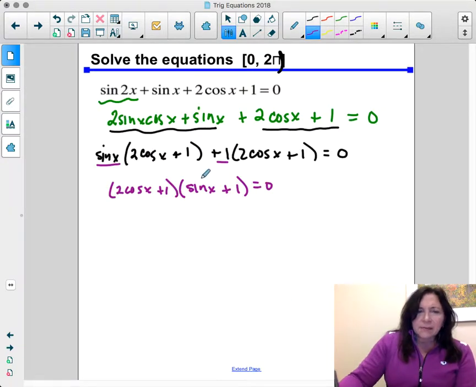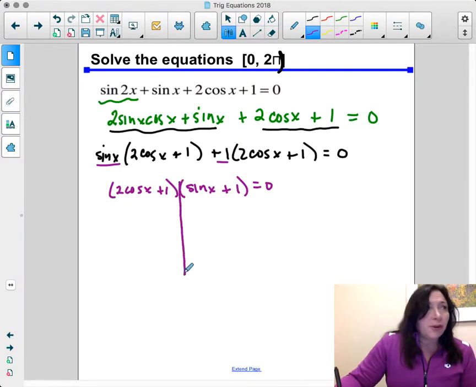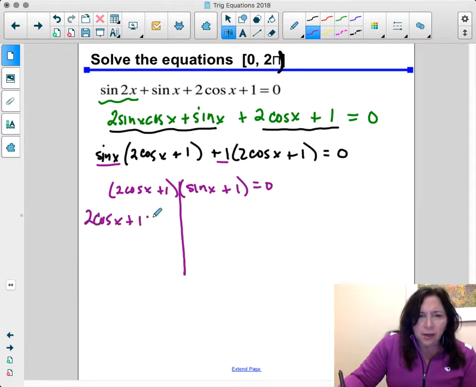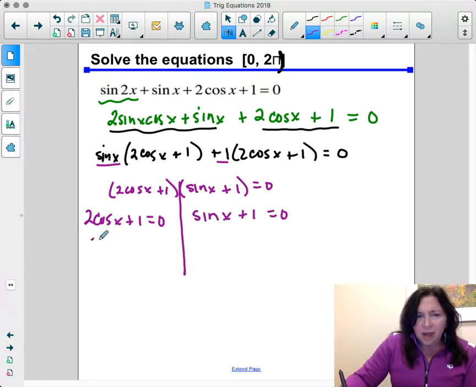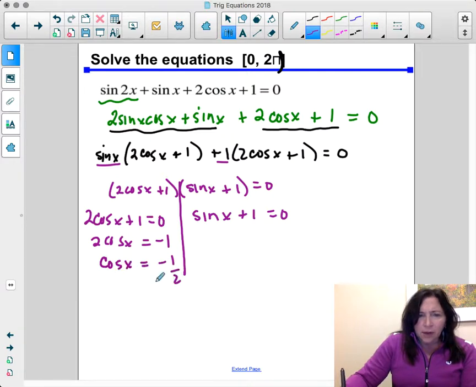And for this, since we're multiplying, I am going to split this up. I get 2 cosine of x plus 1 equals 0, and I get sine of x plus 1 is equal to 0. This left side will be 2 cosine of x is equal to negative 1. I'm going to divide by 2. I'm going to get cosine of x is equal to negative 1/2.